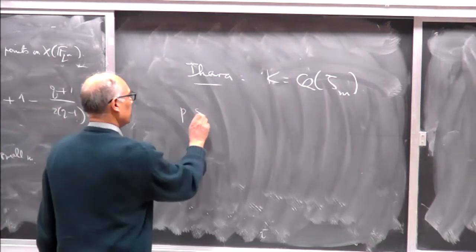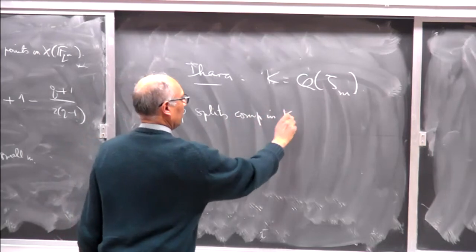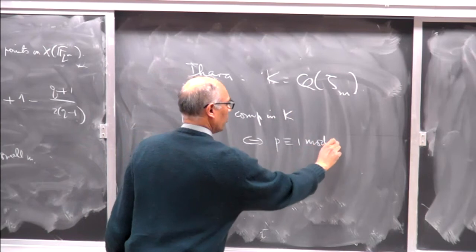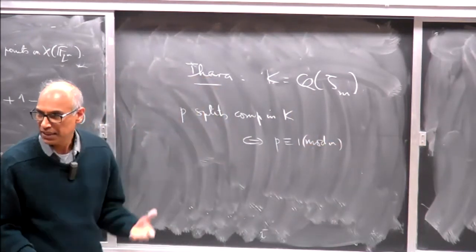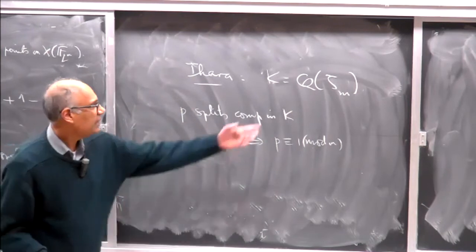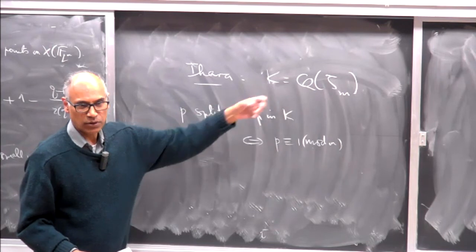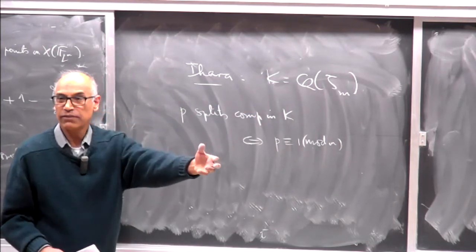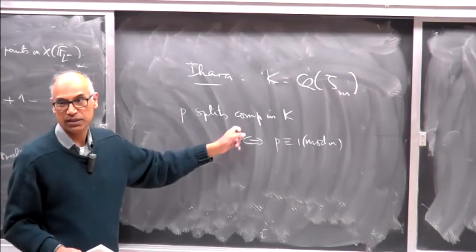P splits completely in K if and only if P is 1 mod M. You all know what I mean by splitting completely? You see, the ideal generated by P in Z, if I look at that ideal in the ring of integers here, it won't stay a prime. Even though I started with a prime ideal here, when I look at the ideal it generates upstairs, it can factor. If it factors as much as possible, you say it splits completely.